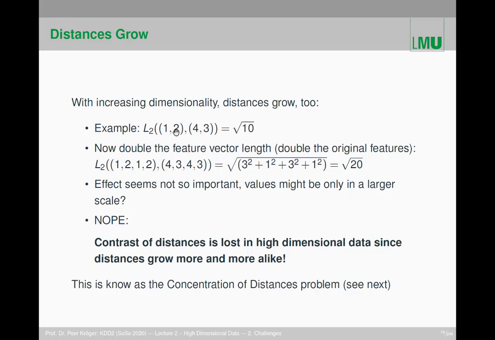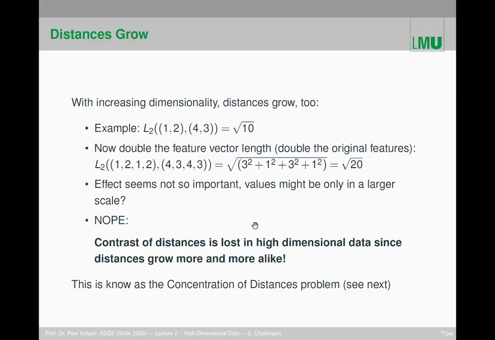Instead of 1 2 we have 1 2 1 2, and instead of the point B 4 3 it's now 4 3 4 3, and we see that the norm of this difference vector, which is the L2 distance, grows correspondingly from square root of 10 to square root of 20.